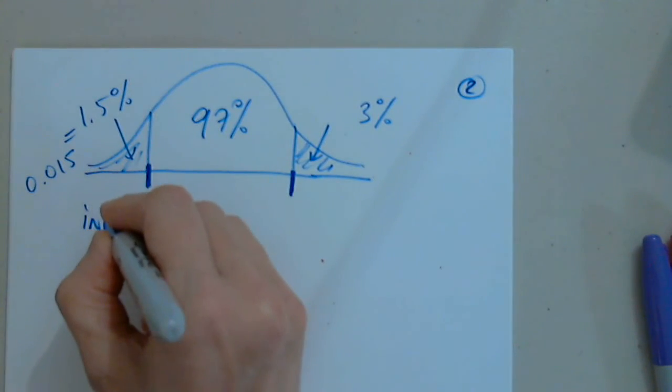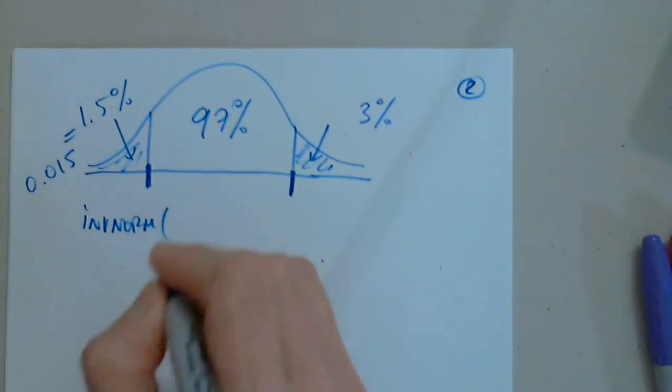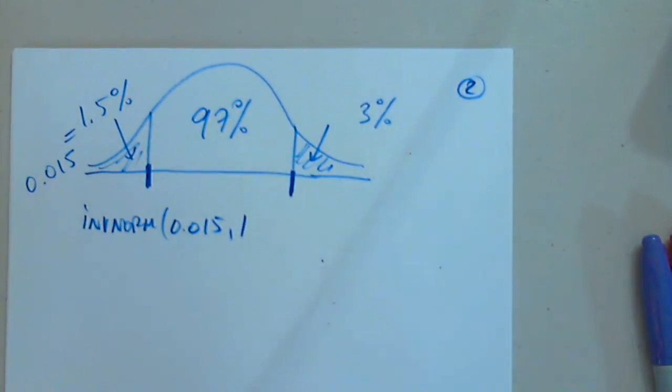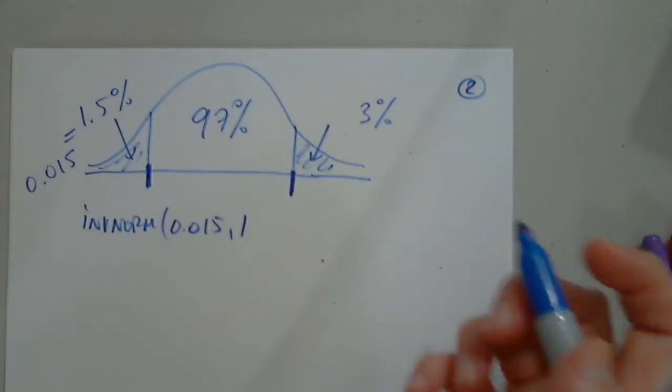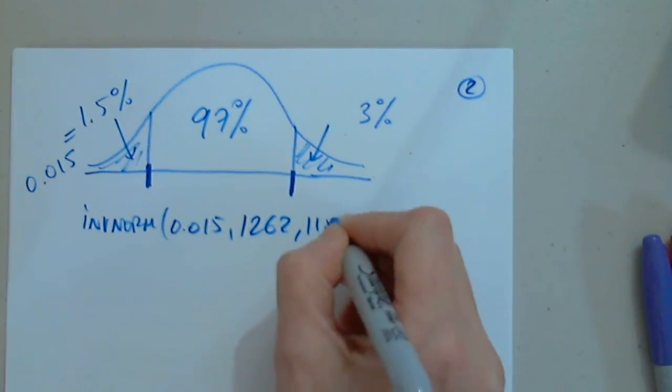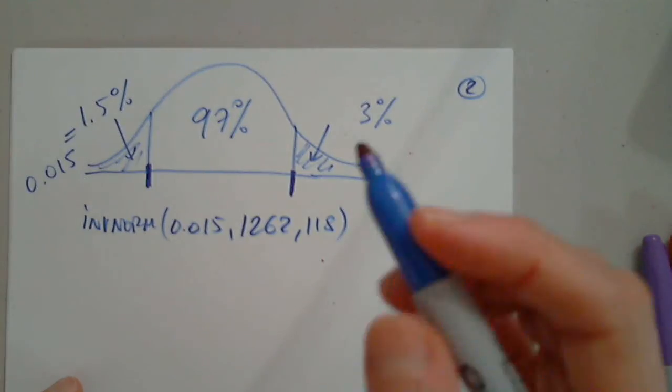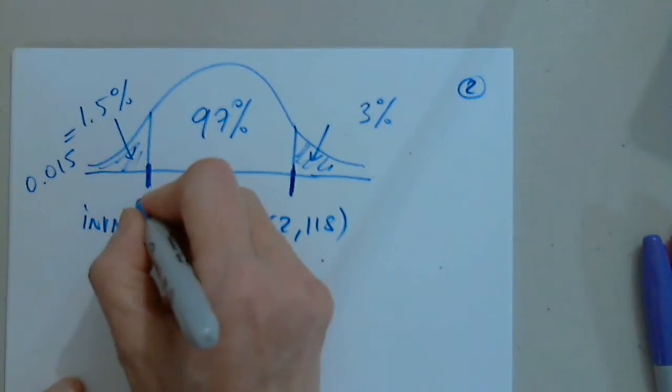So for this one, inv norm, 0.015. Mean, what was it? 1262, comma 118. And if you have the new calculator, whatever, left area. So this will be this.